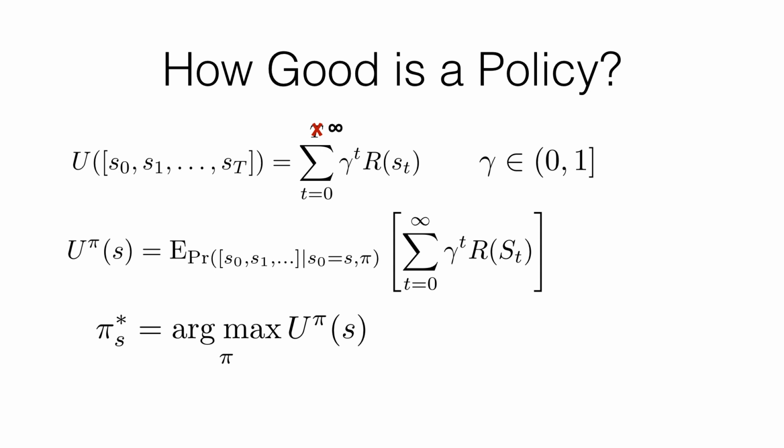So if the optimal policy starting from state s tells you to take action up from state A, then there's some other optimal policy starting from s prime, a different optimal policy, and it also considers what to do when you're in state A.